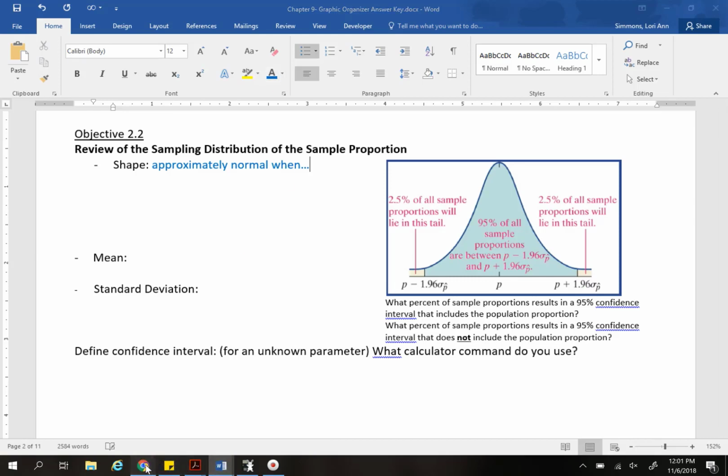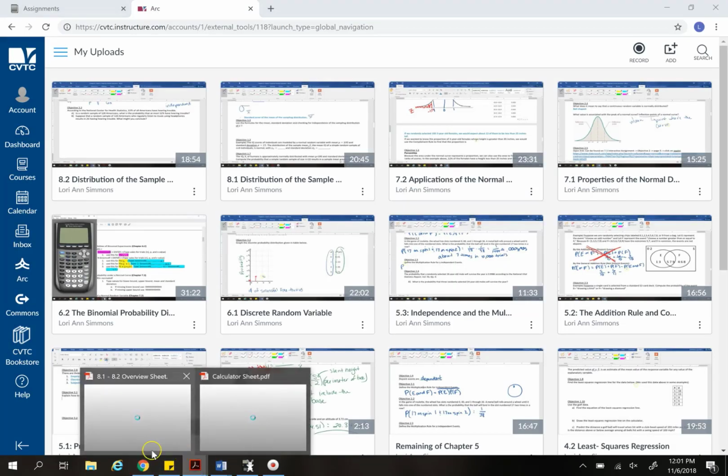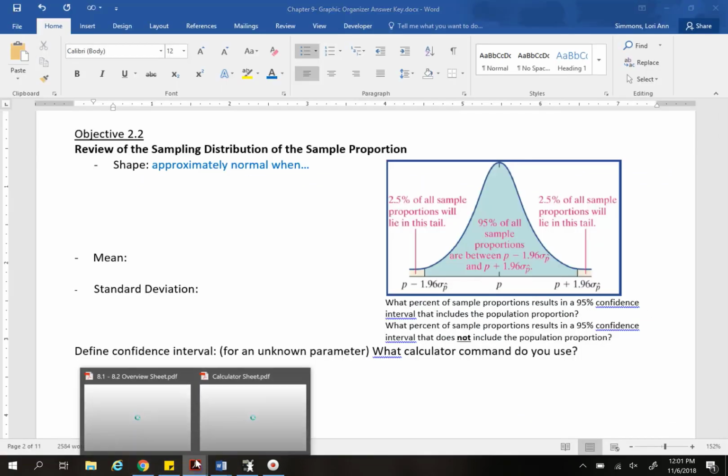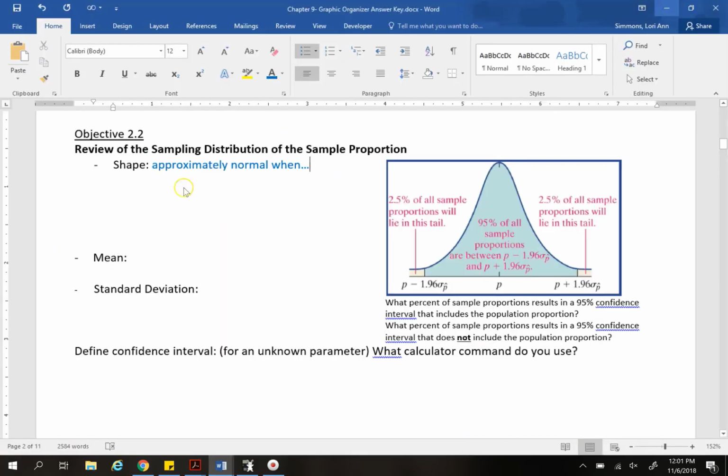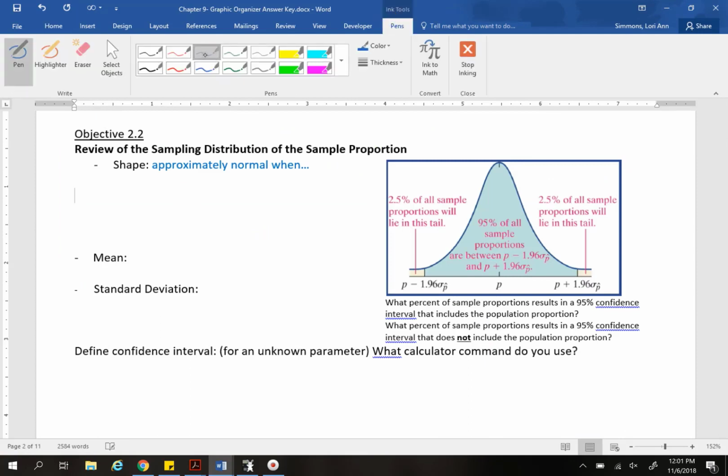And you can refer to your overview sheet. We're on sample proportion, so it's normal when n times p times 1 minus p is greater than or equal to 10. Here's independence, here's your mean and standard deviation. So we can just basically copy those over.